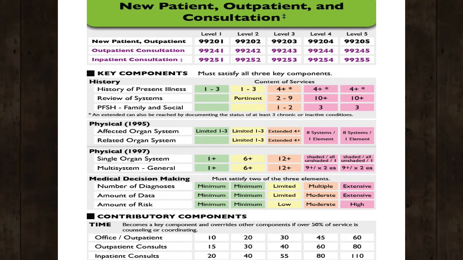For the 97s, 1, 6, 12, and a complete in each of the 4 and 5. And for the affected, related in the physical exam for the 95, you have only a limited under level 1, a limited in each of the affected and related in level 2, extended.